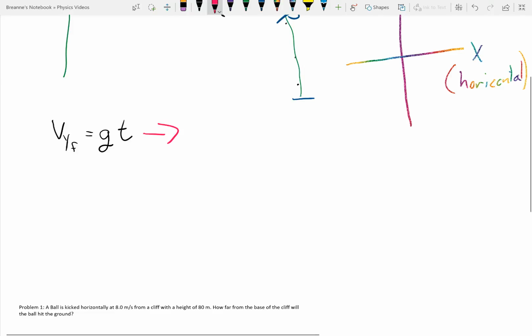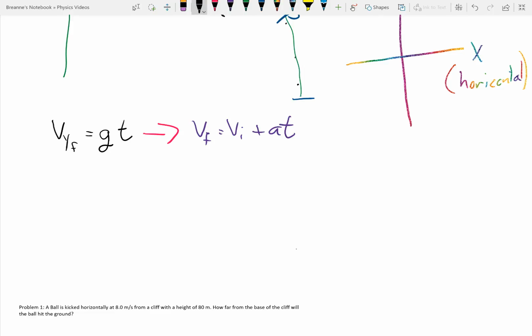That looks a lot like the equation we've already seen, Vf equals Vi plus at. Those equations are very similar. We just don't have an initial velocity in the y, so that goes away. And our acceleration is gravity, so we just change the a to g.